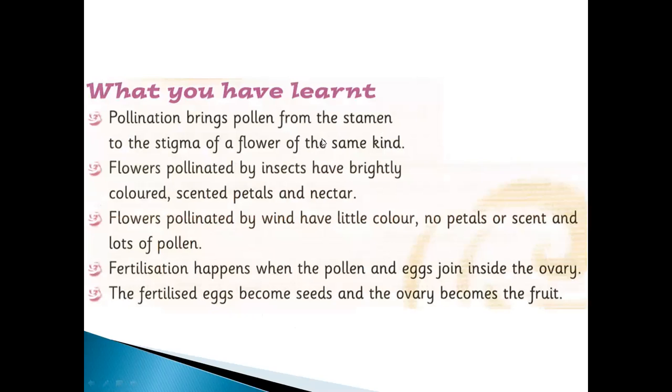And what you have learned in this lesson: pollination brings pollen from the stamen to the stigma. The definition of pollination, and how pollen transfers from the male part to the female part. Flowers pollinated by insects have bright color, scent, petals, and nectar.